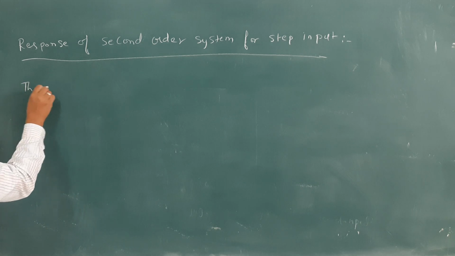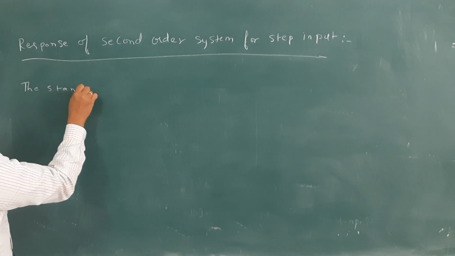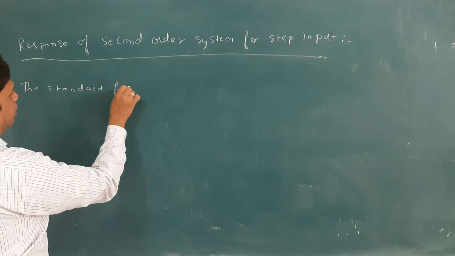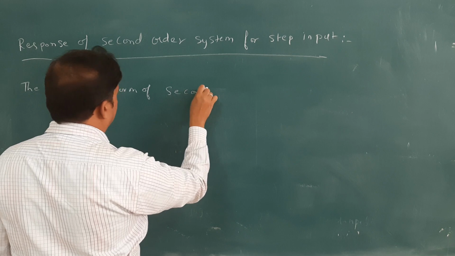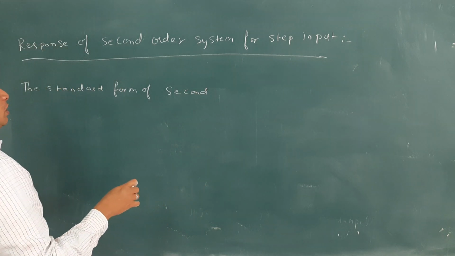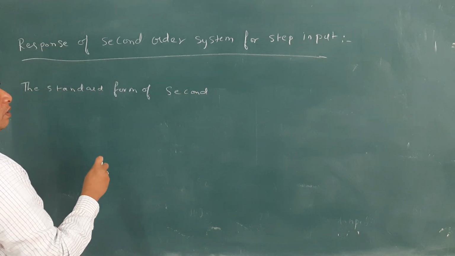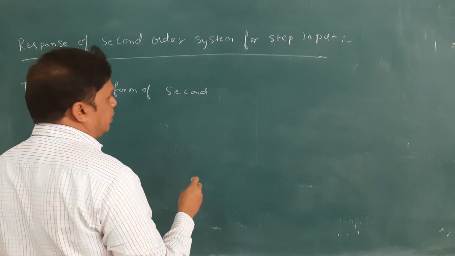So the standard form of the second order system, what is the standard form equation? s square plus 2 zeta omega n s plus omega n square.